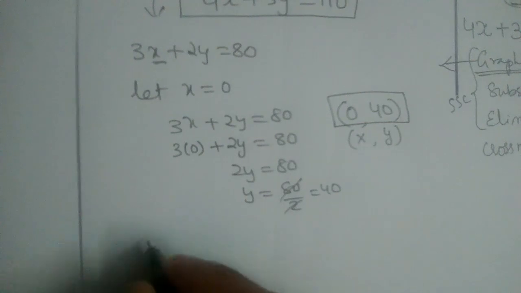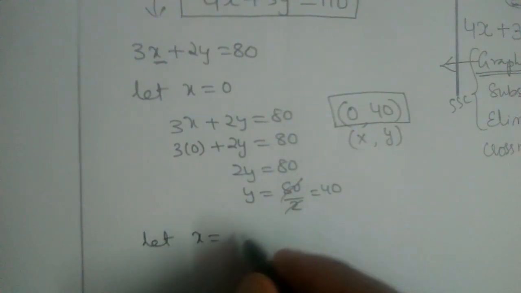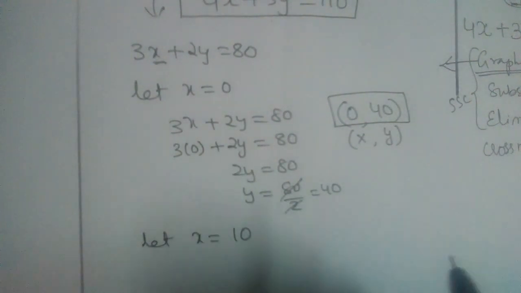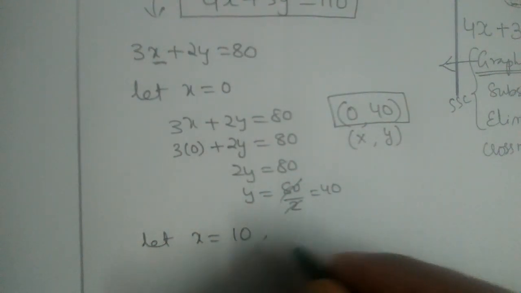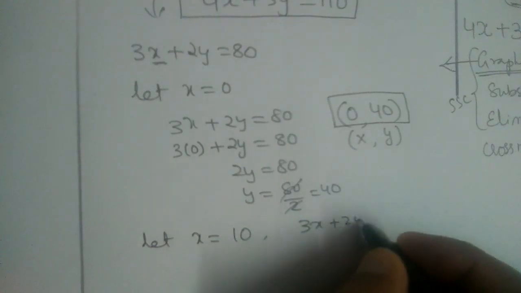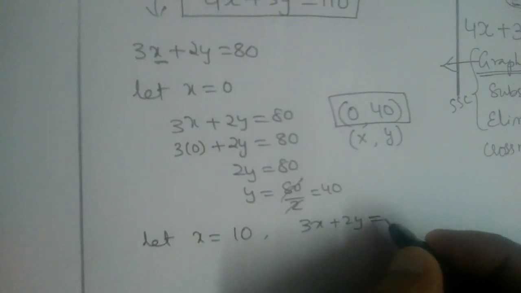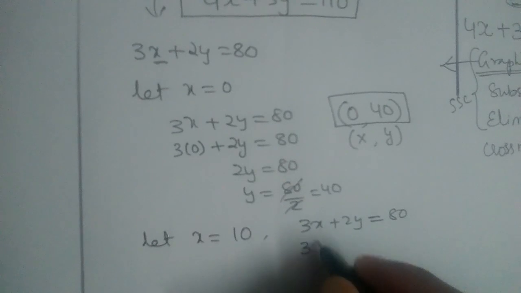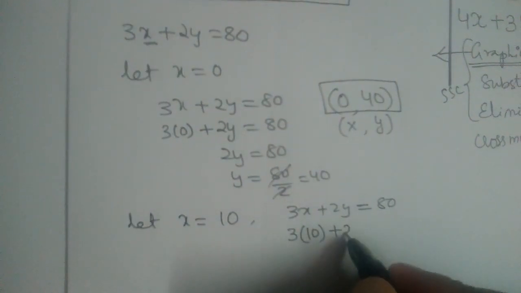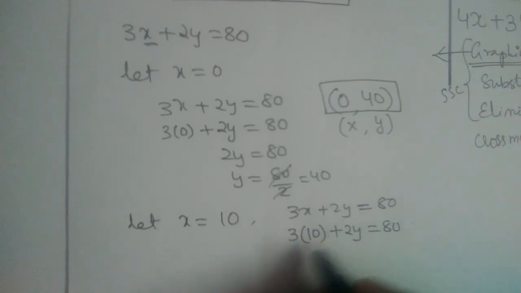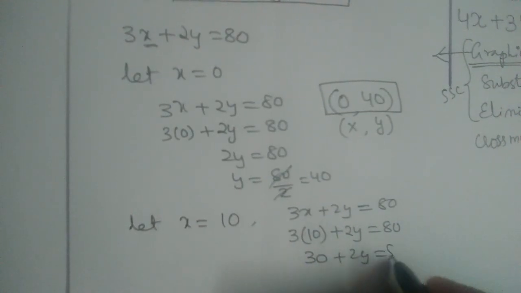Now let us take x is equal to 10. It is up to us. We can take x is equal to 5 or even negative values also. So let us take x is equal to 10 and substitute it in 3x plus 2y is equal to 80. So we have 3 into 10, because the x value we are taking is 10 now, plus 2 into y is equal to 80. So 3 tens are 30 plus 2y is equal to 80. 30 goes on the other side, becomes minus.